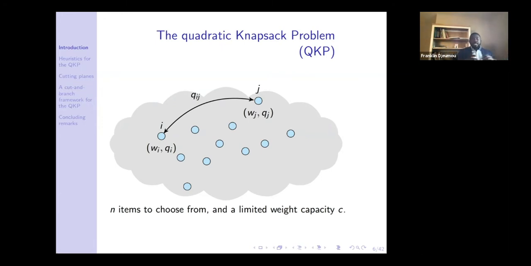And if you think of many other location problems, this kind of quadratic dynamic comes into play, because by selecting a pair of items, for every pair of items that you select, there is a local profit everywhere, but there is also a correlated profit that comes into play, which is what the quadratic knapsack problem attempts to model.